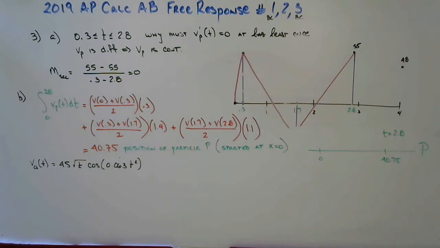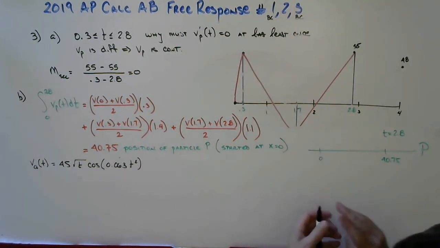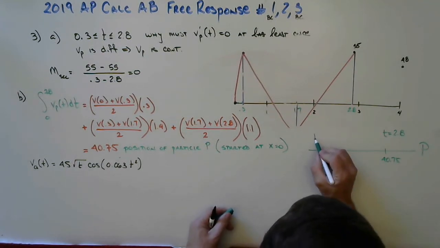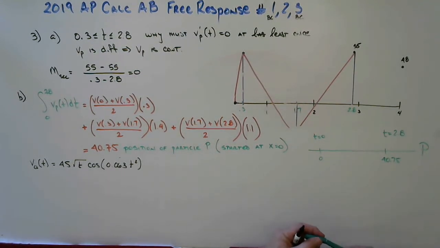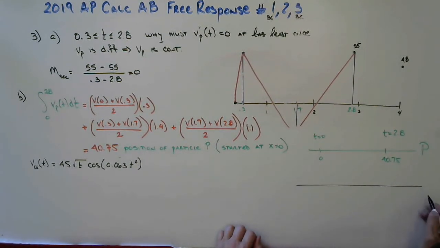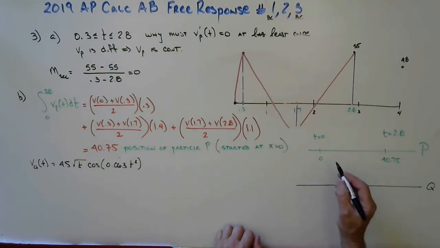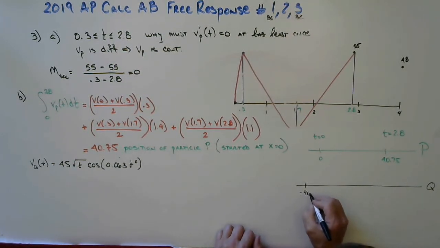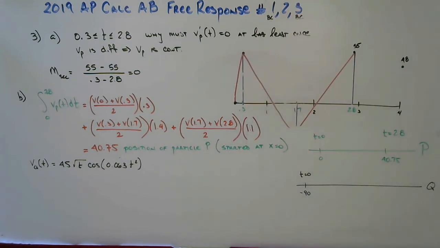Let me look that up to make sure that's right. Yes, that's right. And they tell us at time 0, this is t equals 0 for particle P. We're at 0. So what does the graph of particle Q look like? At t equals 0, we're down here at negative 90. That's our position. At time 0, the position of particle Q is negative 90.